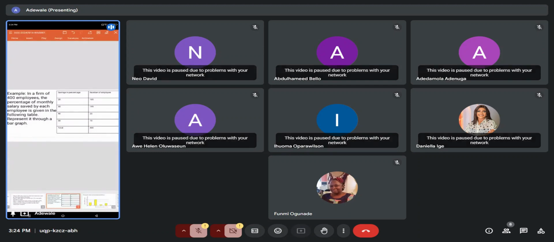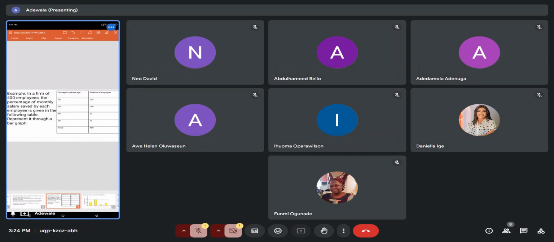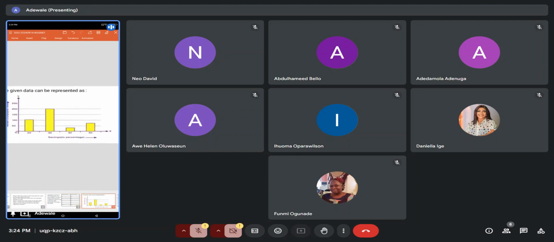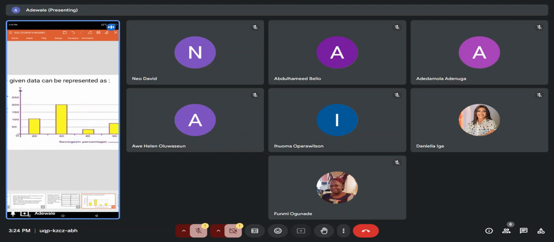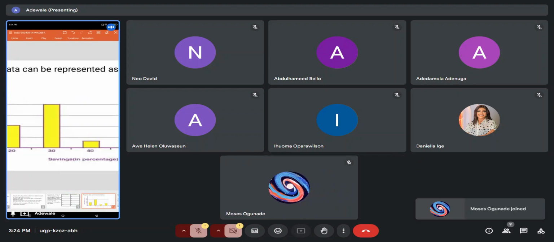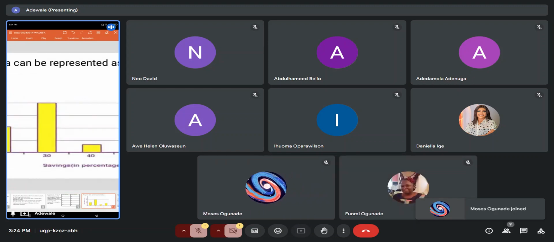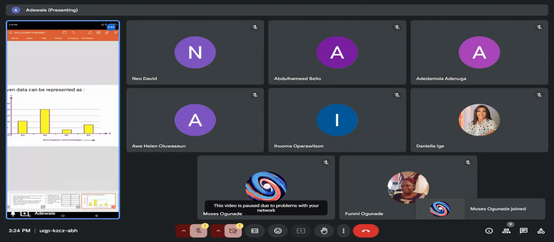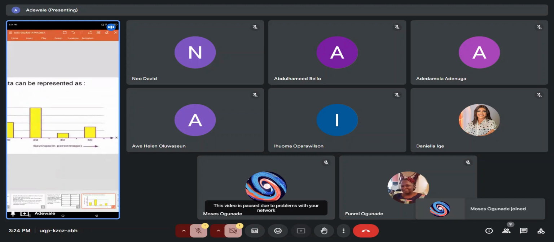105 employees saved 20% of their salary. 199 employees saved 30% of their salary. So this is the bar chart here. 105 saved 20%, 199 saved 30%, and this is the number that saved 40%.